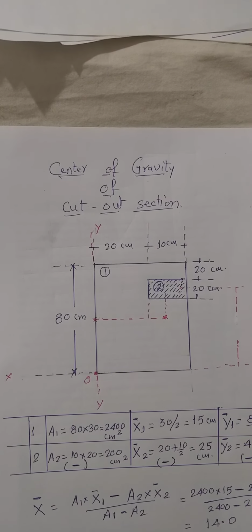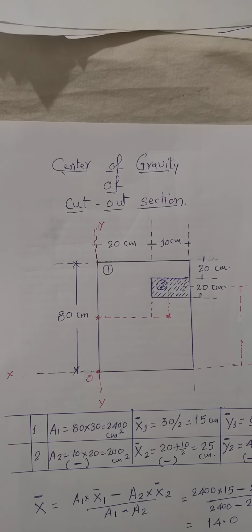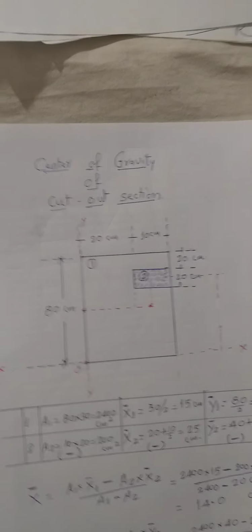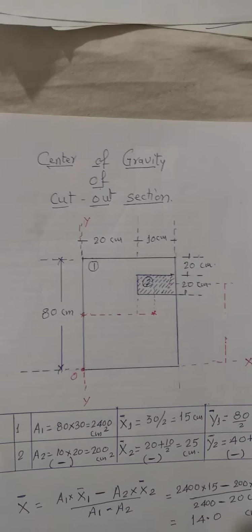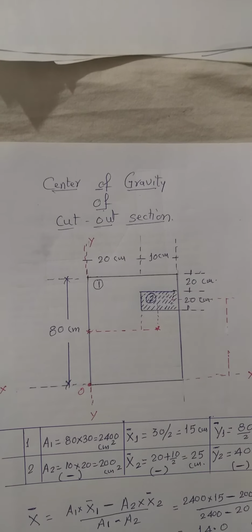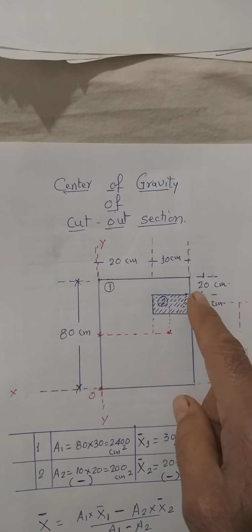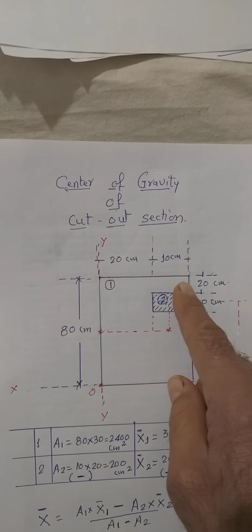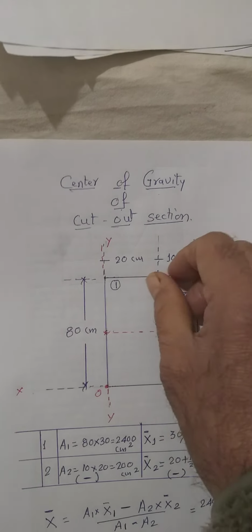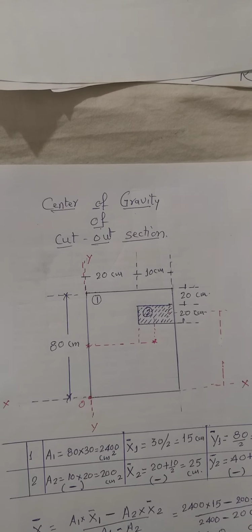And we are supposed to find out the center of gravity, which from here onwards I will call CG only, of that cutout section in which some part of one figure has been cut out and thrown away. What to do?